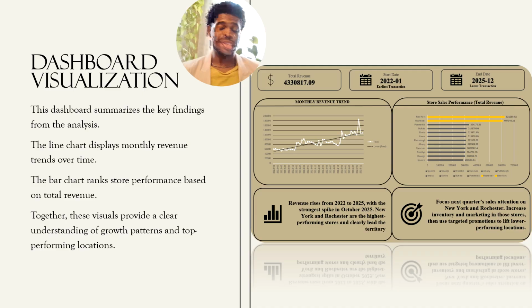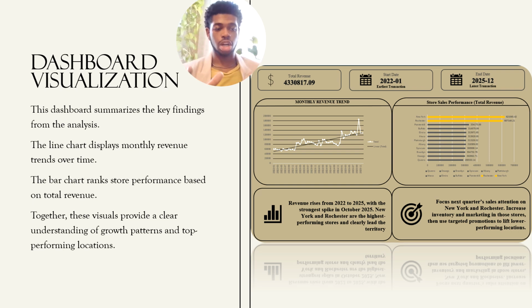Now we're going to look at the visualization, the dashboard. So you see here in the top left, we have total revenue, we have start date, we have end date. We also have on the left-hand side monthly revenue. This dashboard summarizes the main results of the analysis.